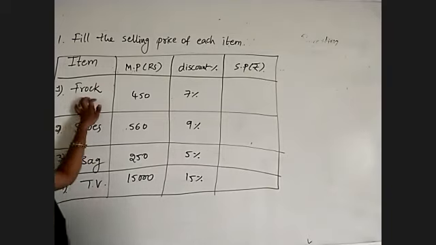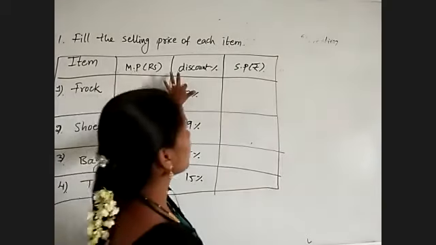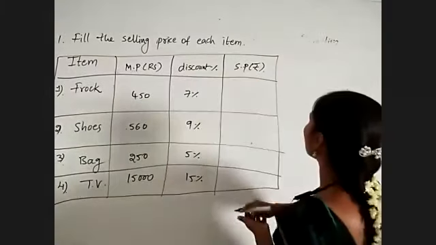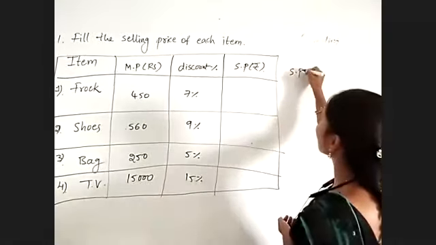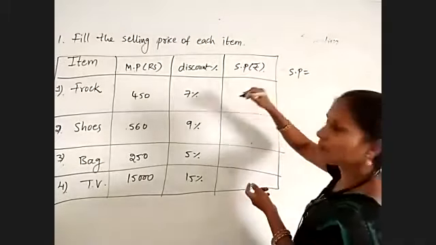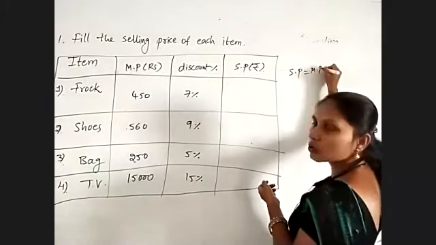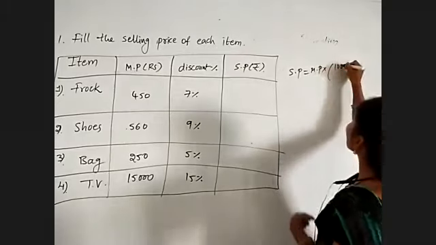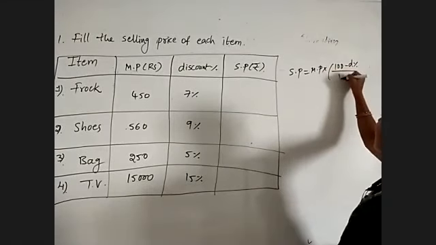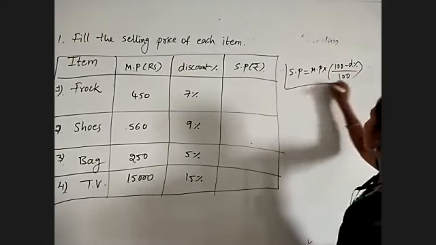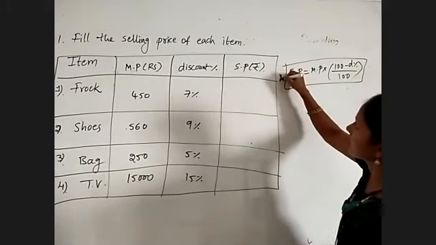Now observe the question. Because MP and discount percentage are given, we have the SP formula in terms of MP and discount percentage: MP into (100 minus discount percentage) by 100. This is the required formula for every question. Yes.